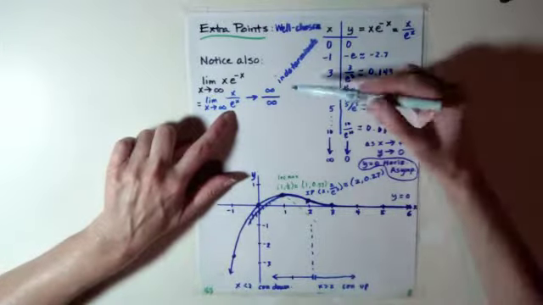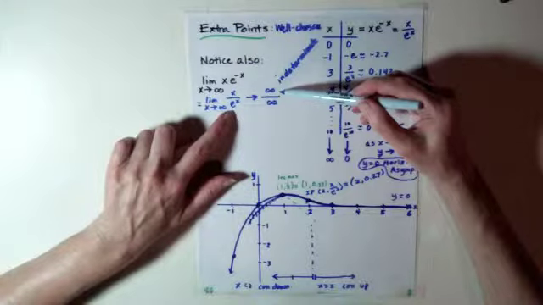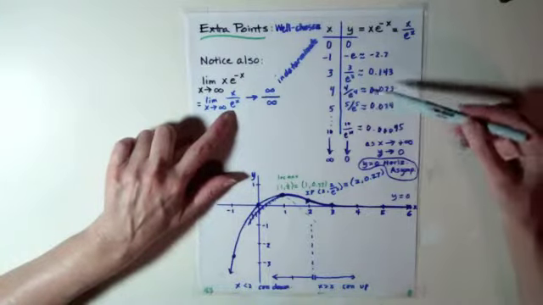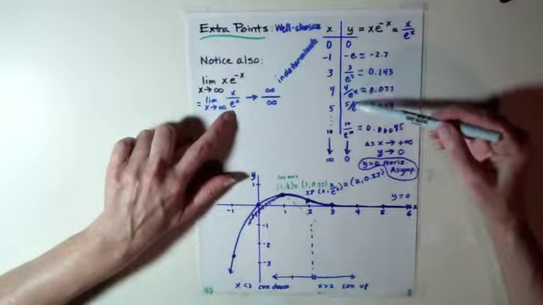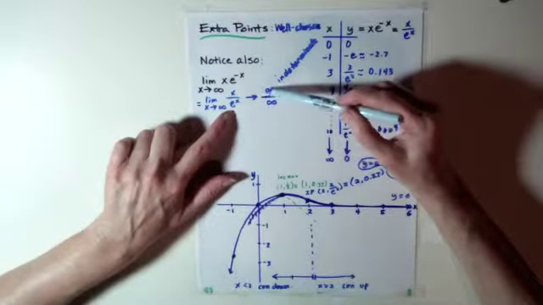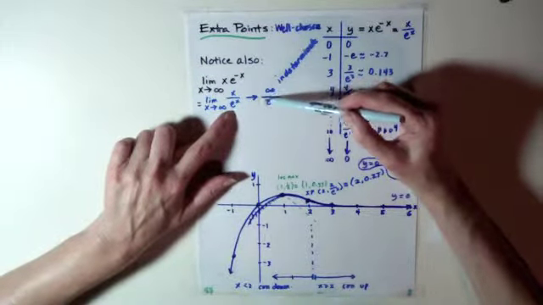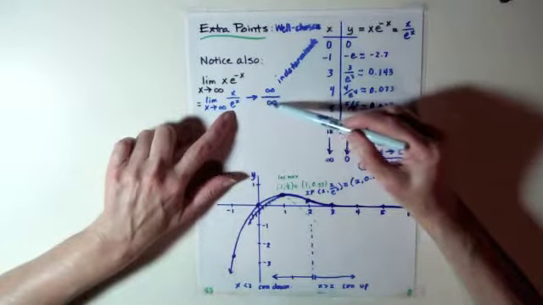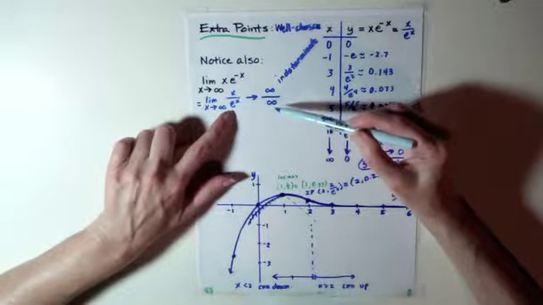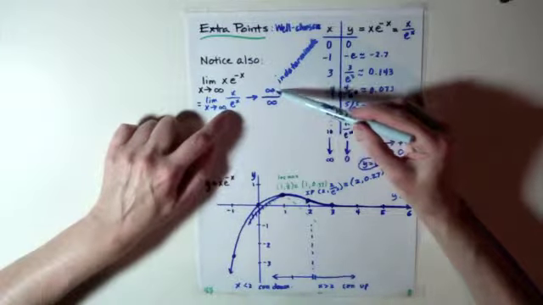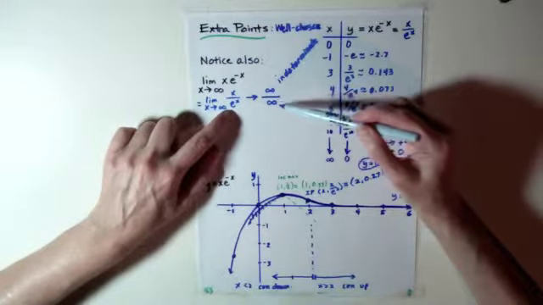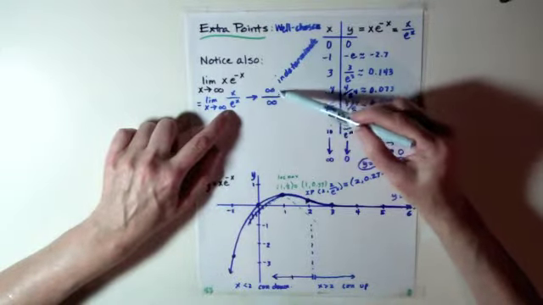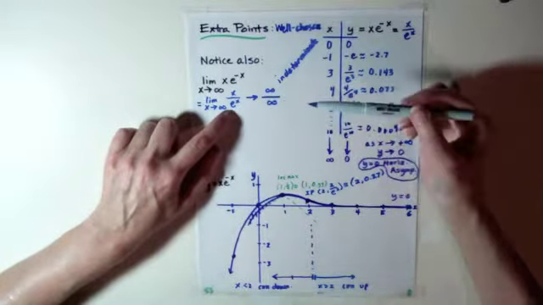It's true that the top is going to infinity as well as the bottom, but as we noticed over here when we were looking at these specific numbers, the top is going to infinity at a linear rate, at the rate of x, whereas the denominator is going to infinity at an exponential rate, much, much faster. So even though the top is growing to infinity, the bottom grows to infinity so much faster that the overall fraction gets smaller and smaller and goes towards 0.